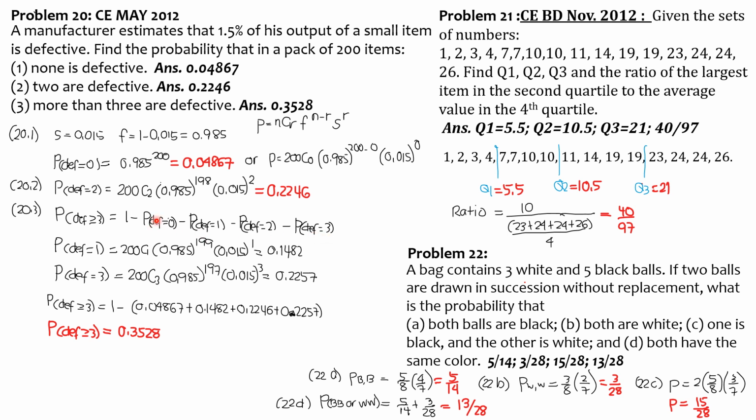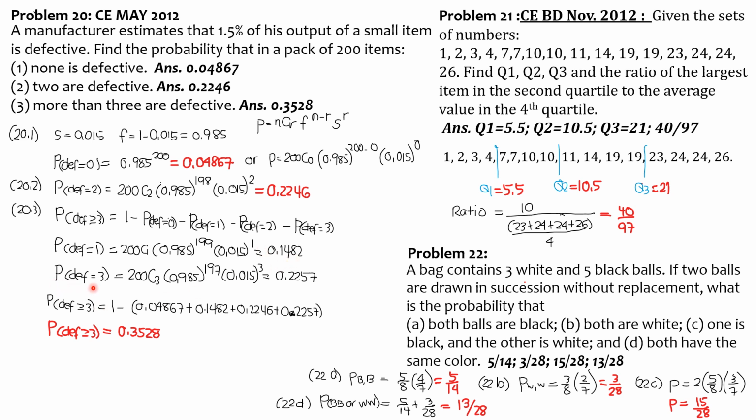We already calculated 0 defective items and exactly 2 defective items. So we'll just compute the probability of exactly 1 defective item and exactly 3 defective items. For exactly 1 defective item, using the formula there, 200 combination 1, failure 0.985 to the 199, 0.015 to the 1, and that's 0.1482.